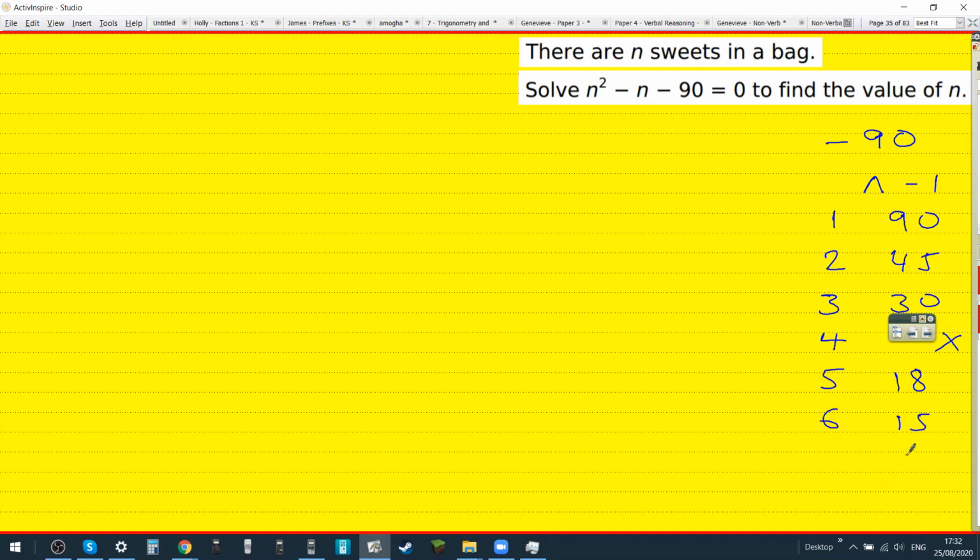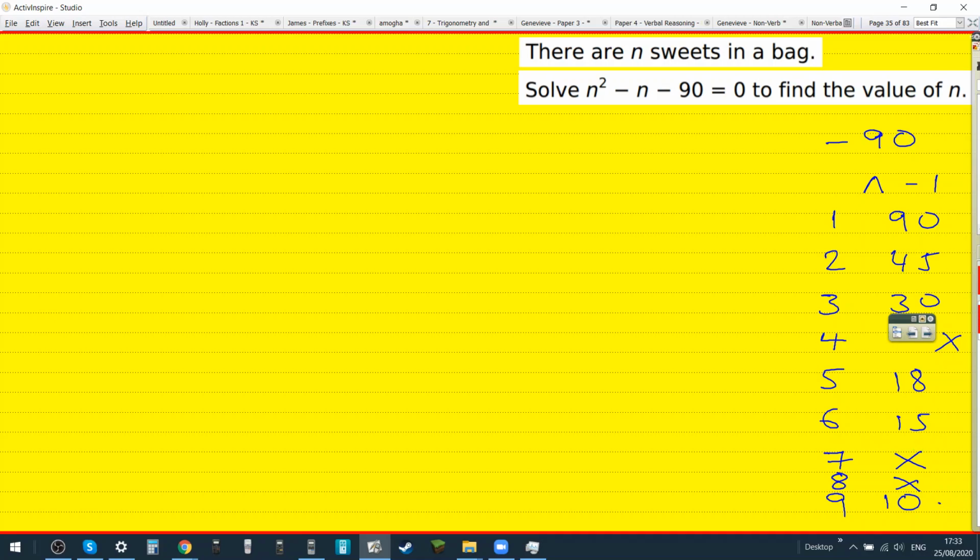Minus 1. I don't think 7 goes in. I don't think 8 goes in either. 9 and 10. Yeah, 9 and 10. Okay.